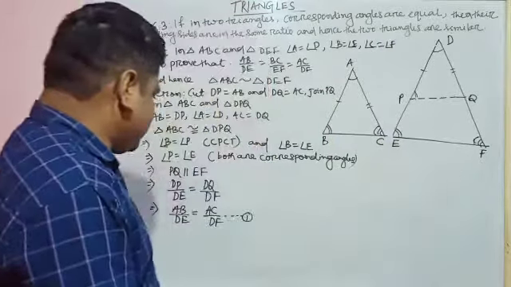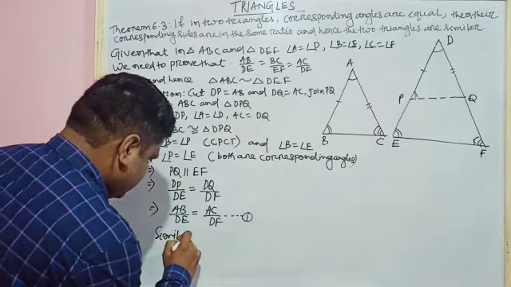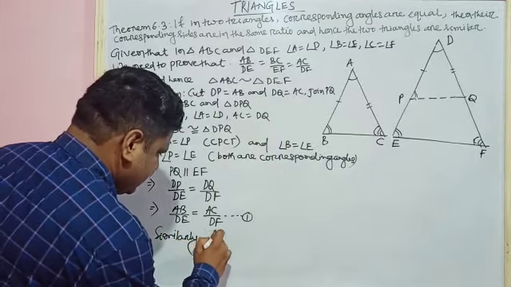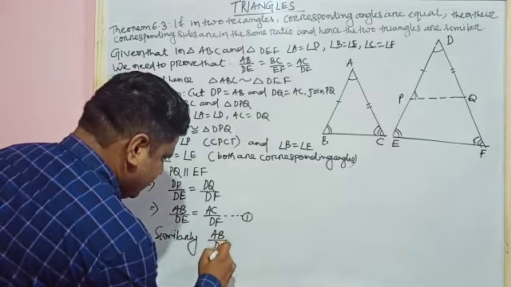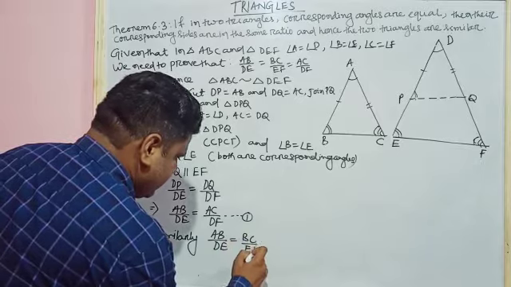So we can prove that AB by DE is equal to BC by EF.